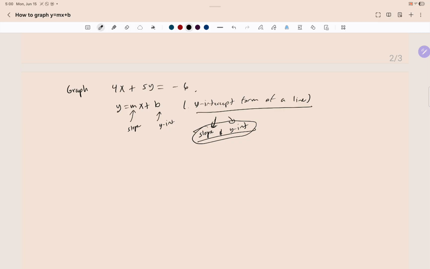This is why we care about this form. But anyhow, let's put this in that form now.